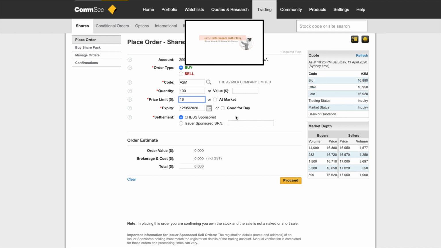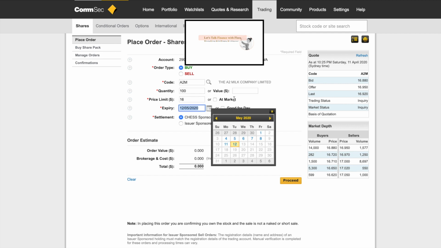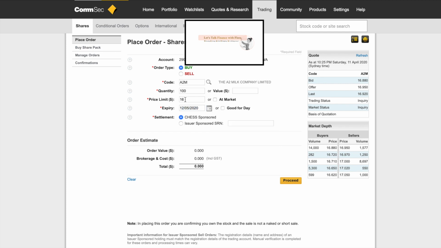Then you can say good for the day, to see if it goes down to that low for that day, or it can go for whatever date you want to specify, up to the maximum, which is until the 12th. If it doesn't hit that price by the 12th, then they don't sell it.